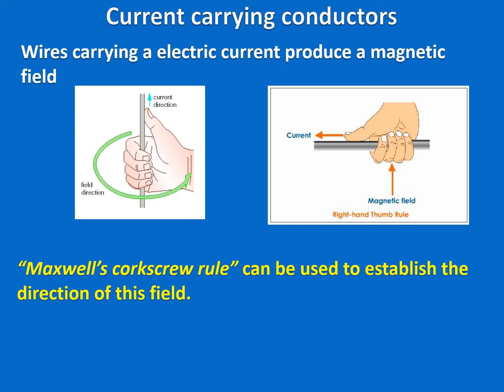And that is another rule that we need to consider. We're also going to consider the left-hand rule, which we'll look at later on in this section. And when we get onto electromagnetic induction, there's a right-hand rule as well. So wires that have this electrical current passing through them produce a magnetic field.